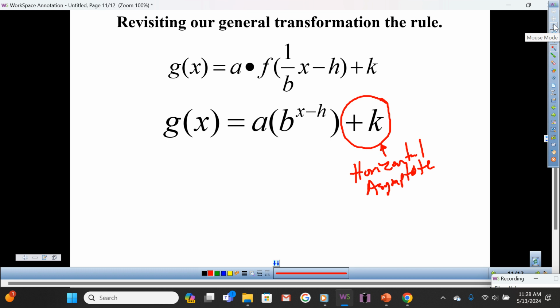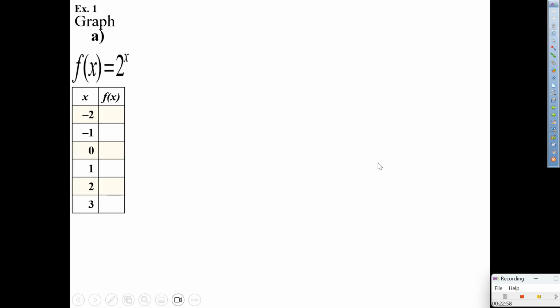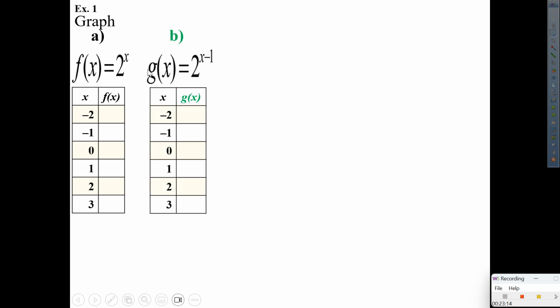All right, let's go to our first coordinate plane. Right next to it, I want you to write this table, and it just says graph. We're going to graph f of x equals 2 to the x. Make a table underneath with black. Next to that, I want you to do another table in green and label it g of x equals 2 to the x minus 1.